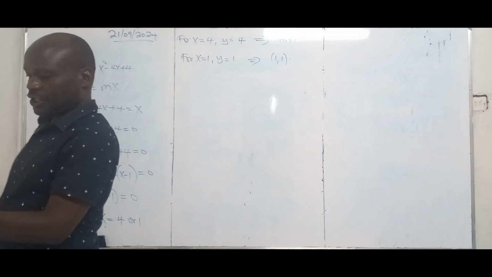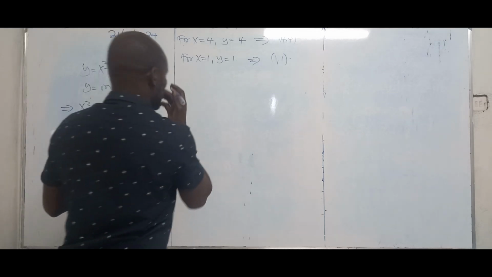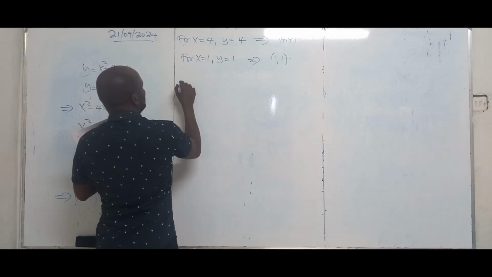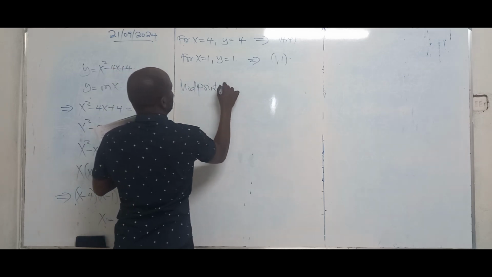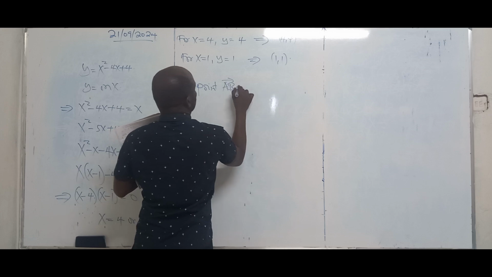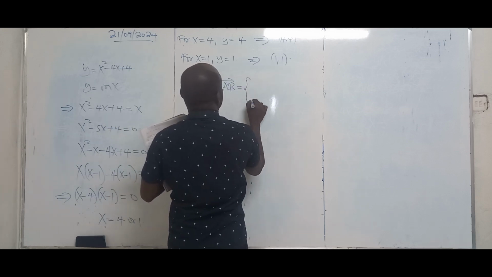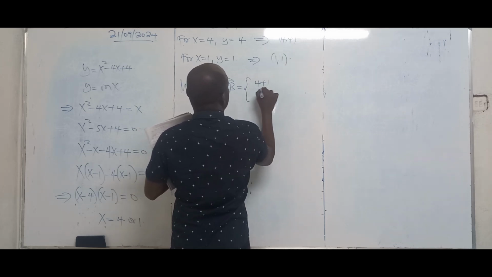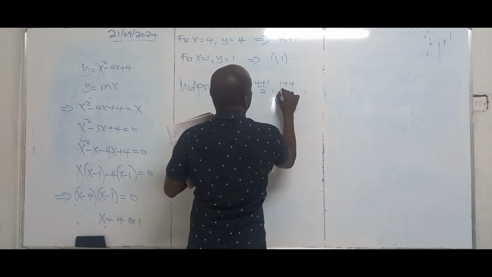So the question is, find the coordinates of the midpoint of AB. The midpoint of AB will be given by 4 plus 1 divided by 2, 1 plus 4 divided by 2.